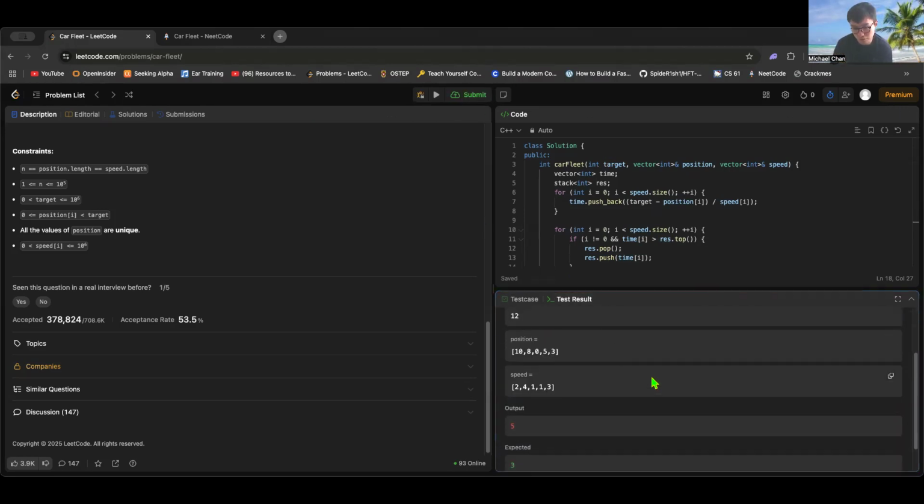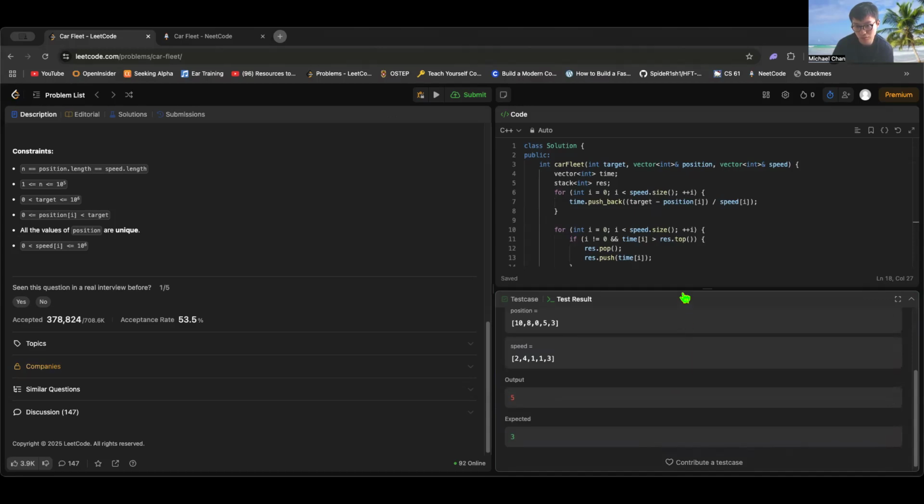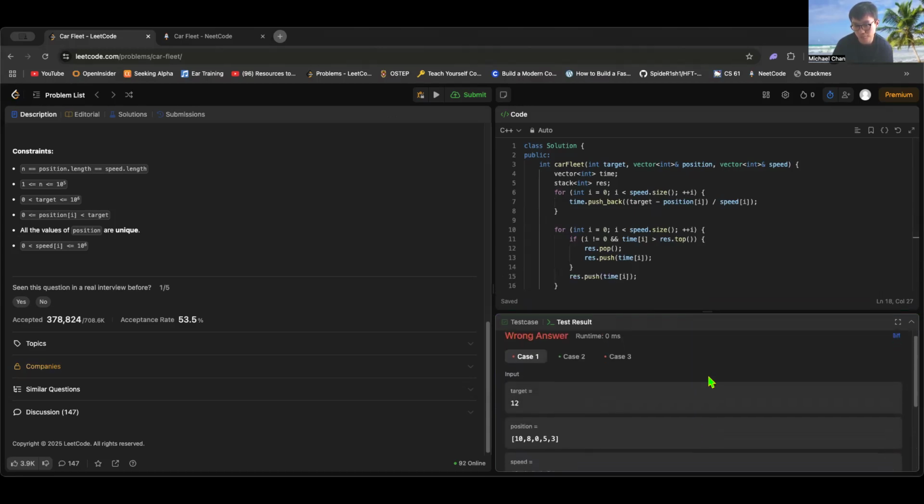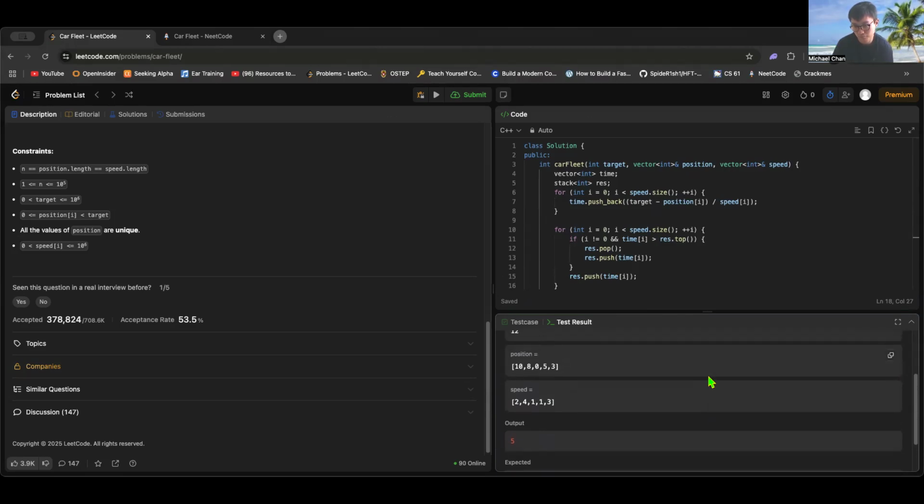No? Fuck. I'll push the first one in there first.